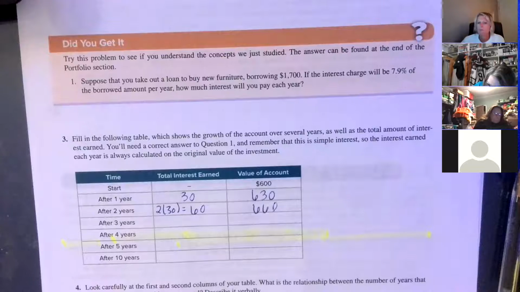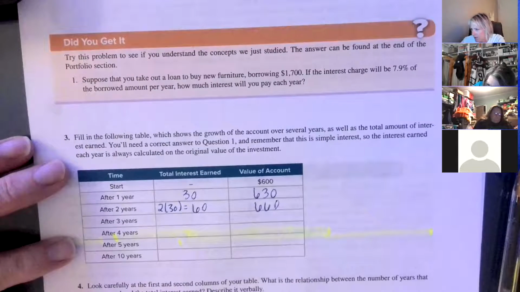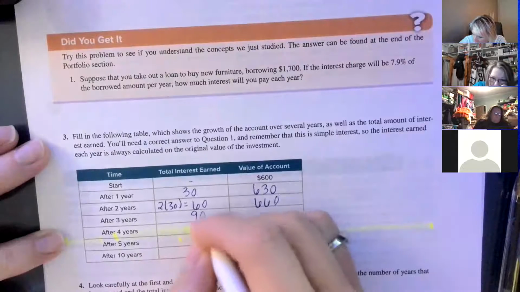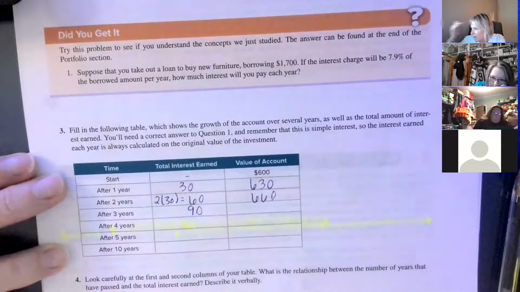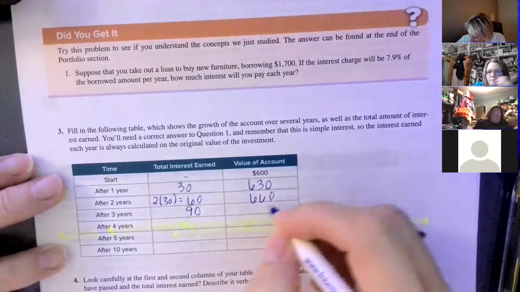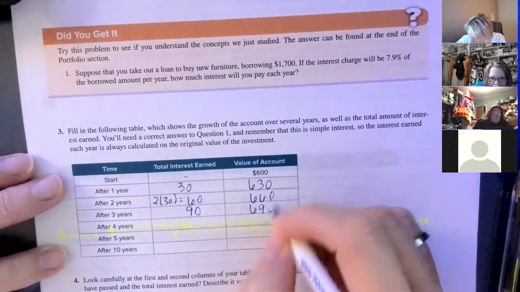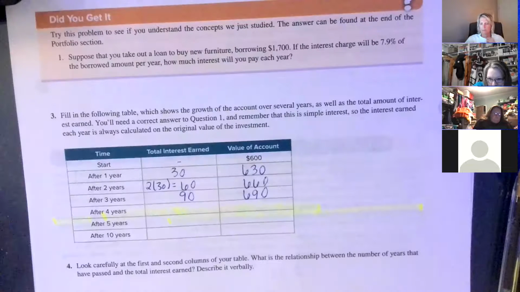And then they were going to get another $30, right? So there'd be a total of 90. And then did everybody get 690? Okay.